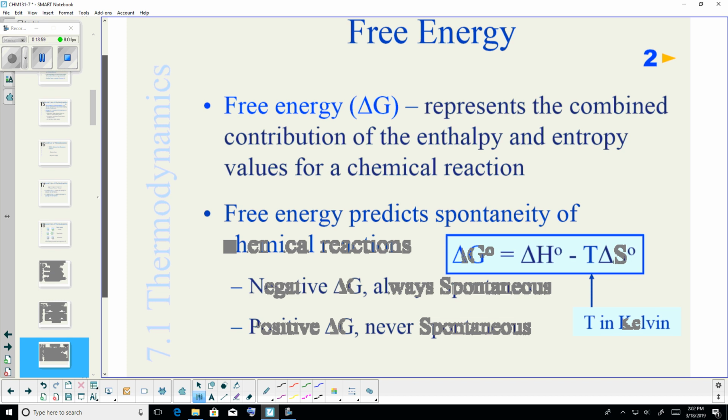So we're going to put delta G over here. Looking at that equation, if delta H is negative, delta S is positive, the answer is always going to be negative. Because you're going to have negative minus a positive, which is always going to be negative. So delta G is always going to be negative.